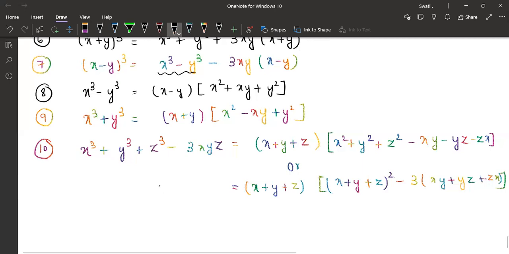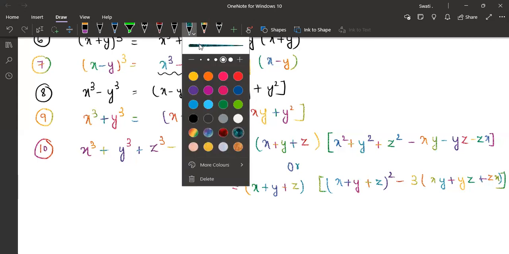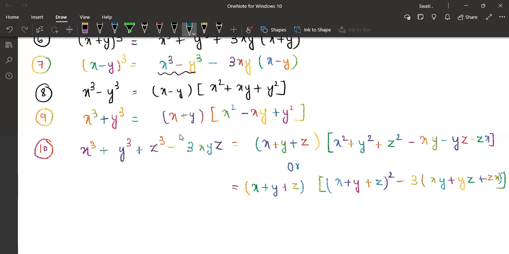Now I'm going to add the generalized form for this particular formula. Remember that if this extra information is given, like if x plus y plus z equals 0, then, of course, 0 multiplied by anything is going to be 0 only.